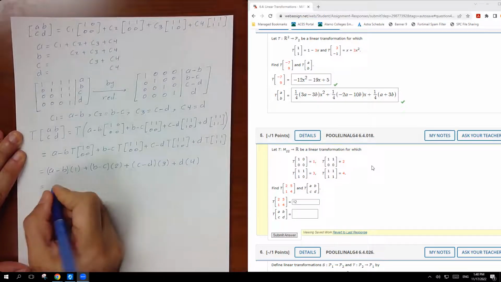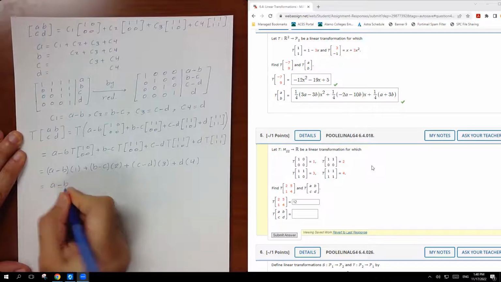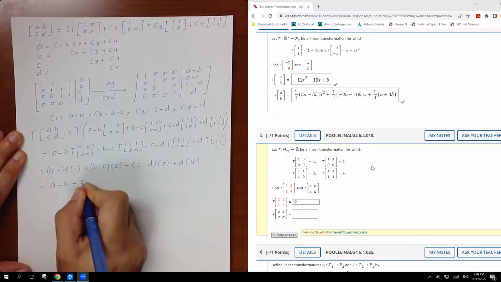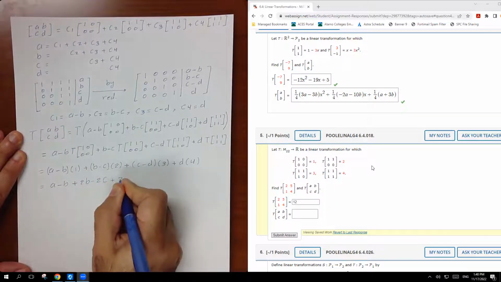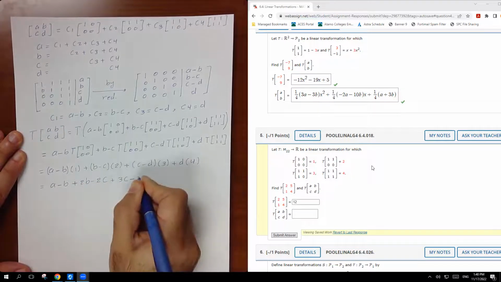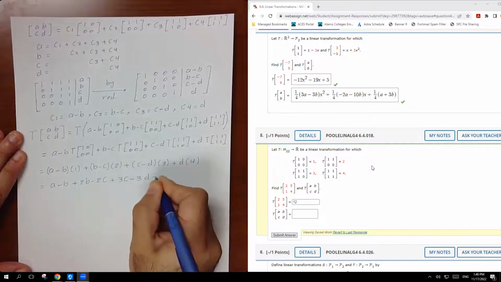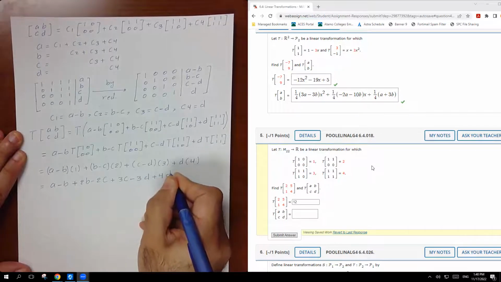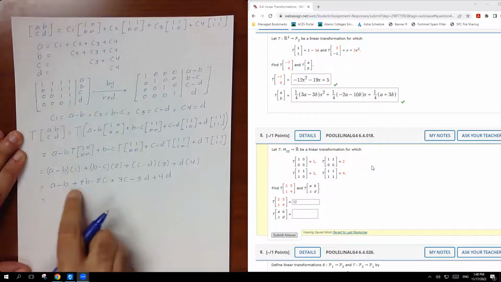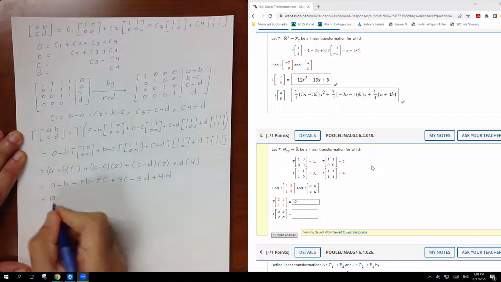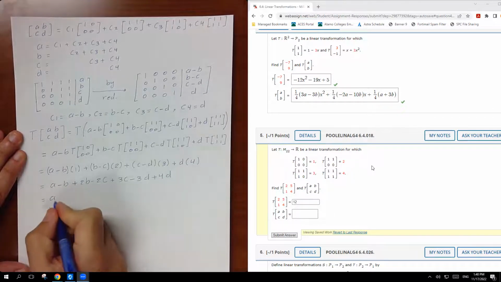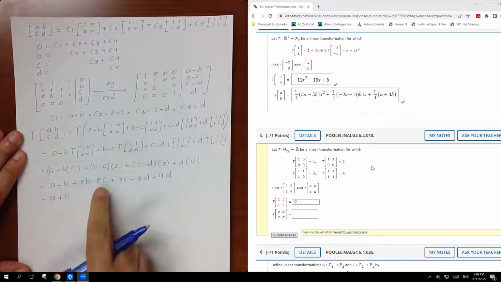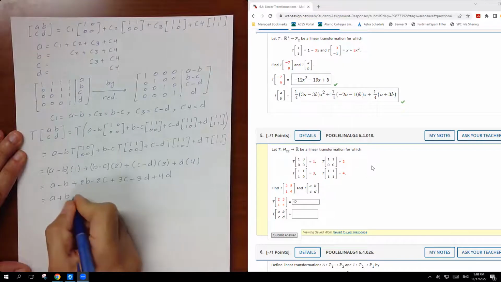So we're going to have A minus B plus 2B minus 2C plus 3C minus 3D plus 4D. A, there is no other A here, so here is A. Negative B plus 2B is going to be plus B. And negative 2C plus 3C is going to be plus C.